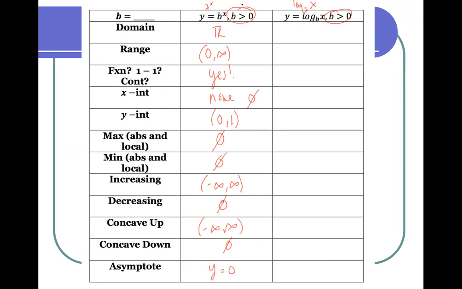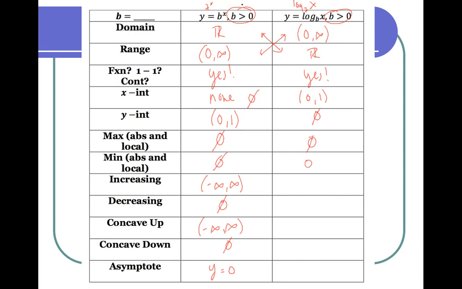For this one, my domain is not all real numbers now, right? So I had that vertical asymptote at x equals 0. So the domain is going to be from 0 to infinity, and then your range is now all real numbers, right? So look at what happened there. That's why we were able to go between these two. This one has an x-intercept at 1, 0, and no y-intercept.